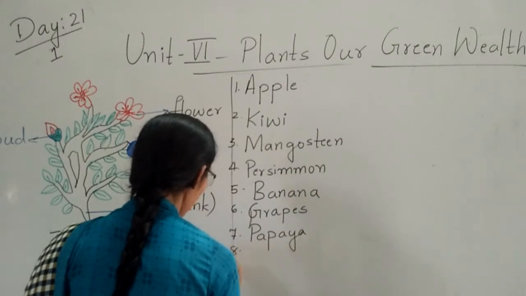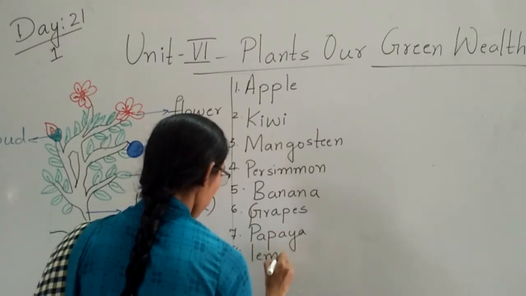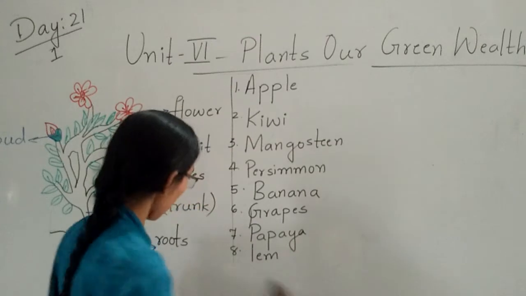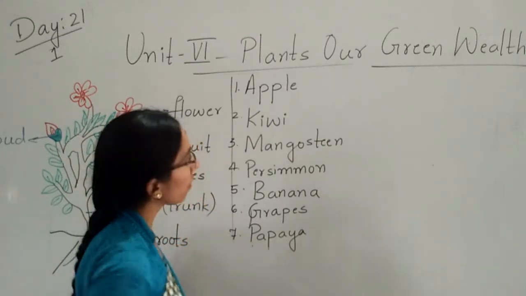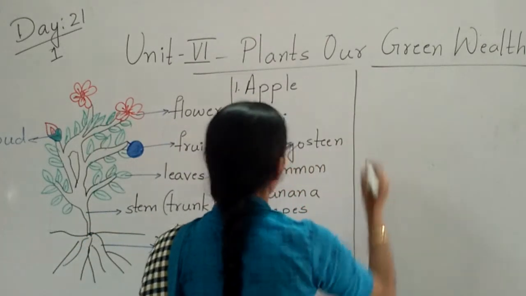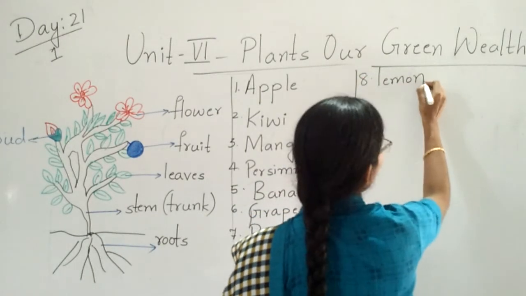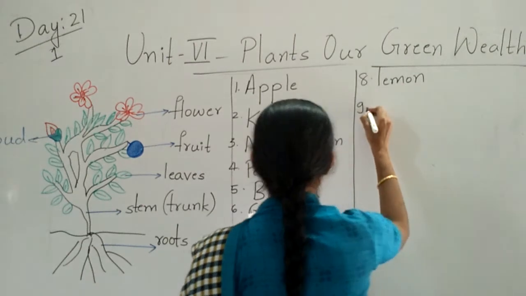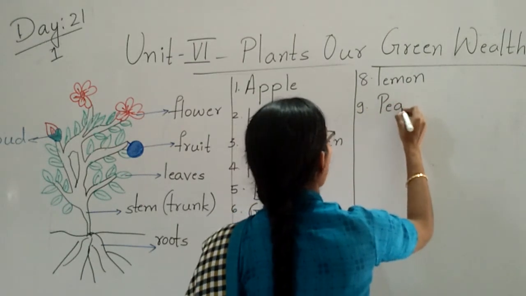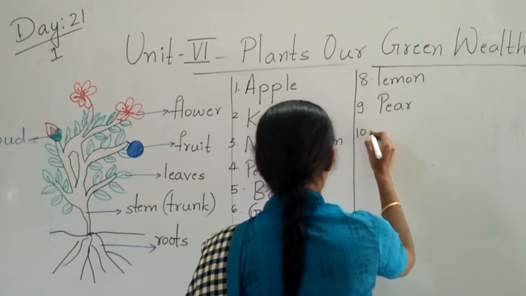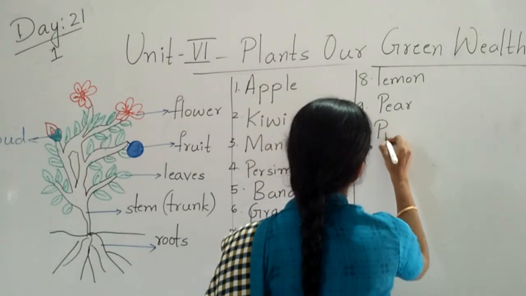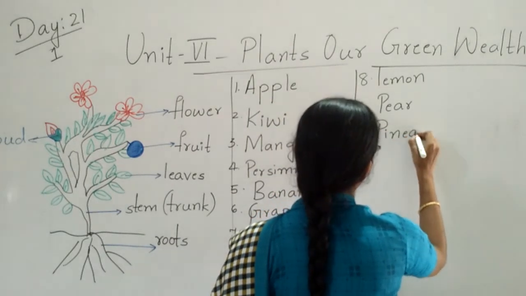Then eighth one is lemon. I will write here, children. Eighth one is lemon. And the ninth one is pear. And then 10th one is pineapple.